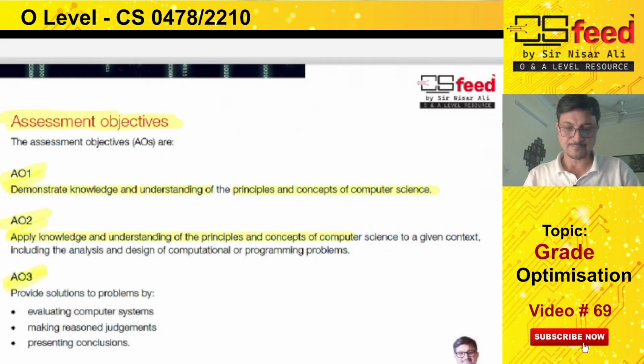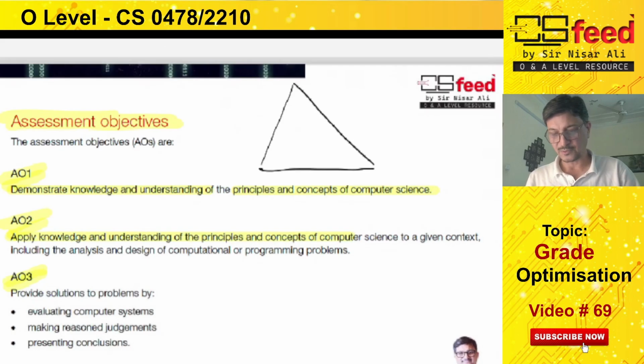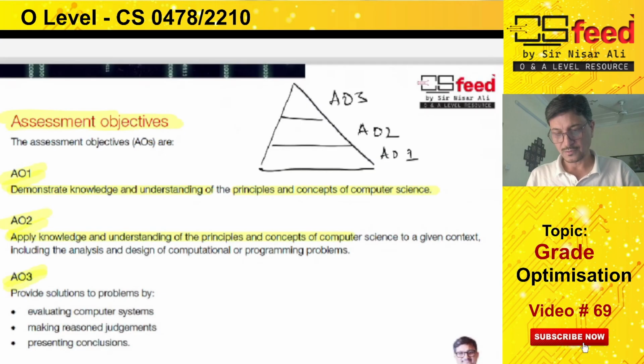You can say it is just like a triangle: this is AO1, this is AO2, and this is AO3. Here is the knowledge and understanding, here is the application, and here is evaluate and create. I will explain it in further detail.